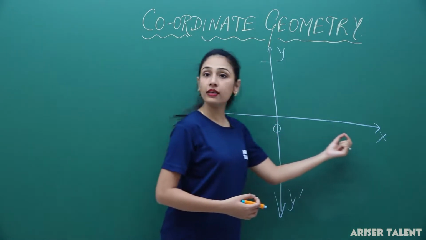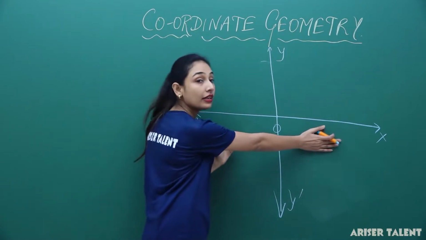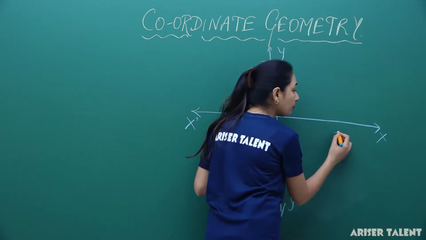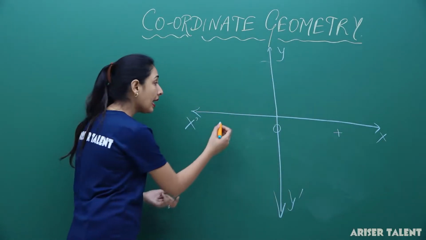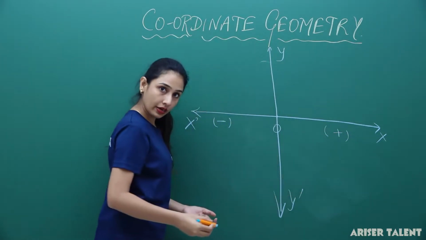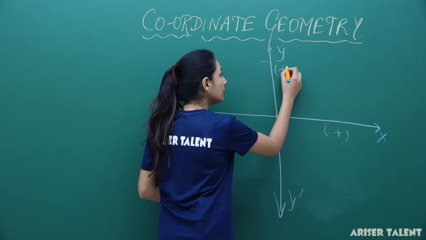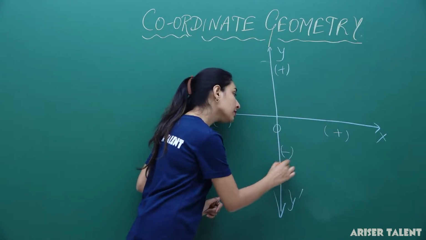So this side is the right hand side and this side is the left hand side. On the right hand side, I'll be getting the positives, and on the left hand side, I'm getting the negatives. Now, upside you are getting the positives and downside you'll be getting the negatives.